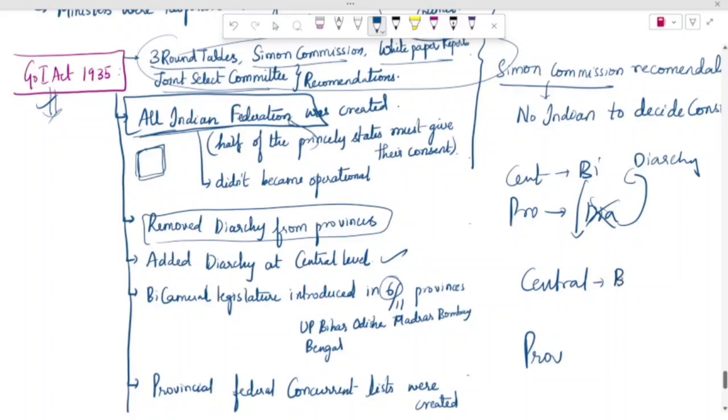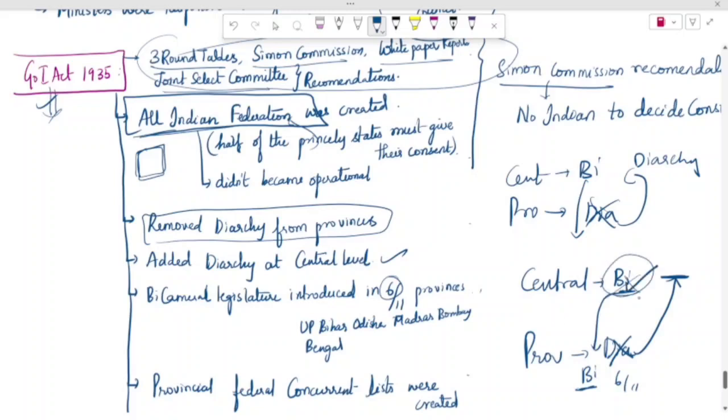So previously the central level had bicameral legislature, and provinces used to have diarchy. Now they have brought diarchy here, and they have eliminated it there. They have brought bicameral legislature here in 6 out of 11 provinces. Okay, they didn't cancel this.